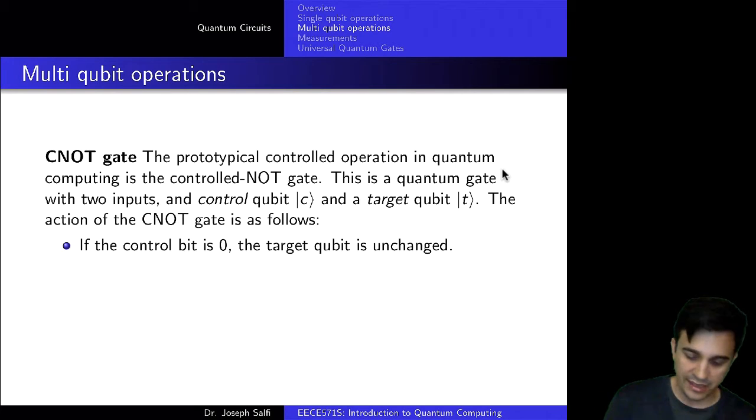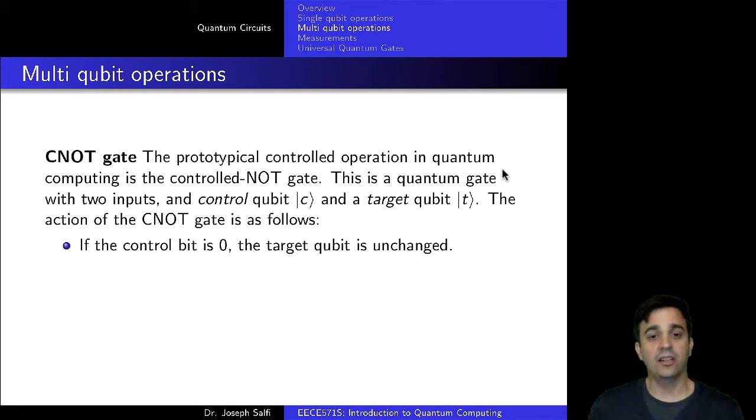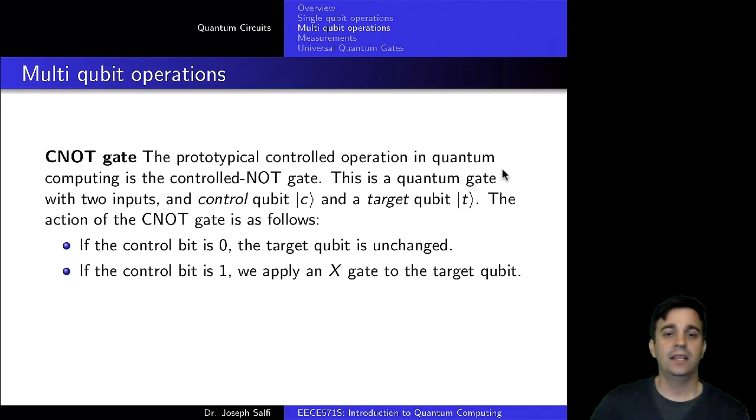If the control bit is 0, the target qubit is unchanged. If the control bit is 1, the target qubit has an X gate, or a NOT gate, applied to it.